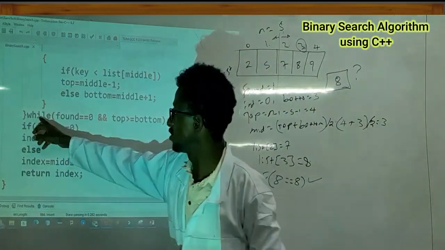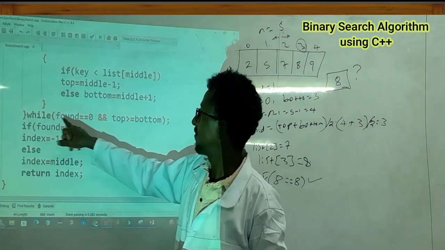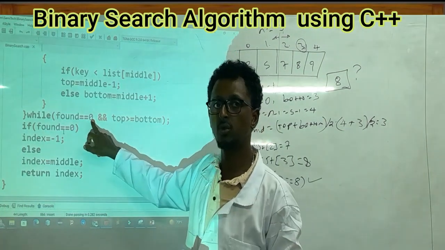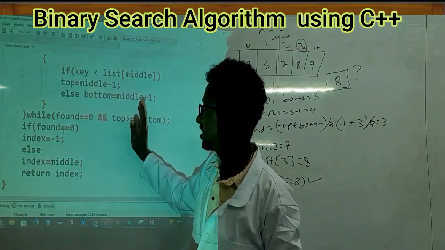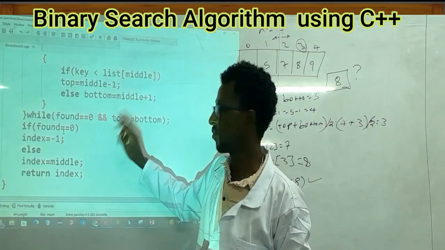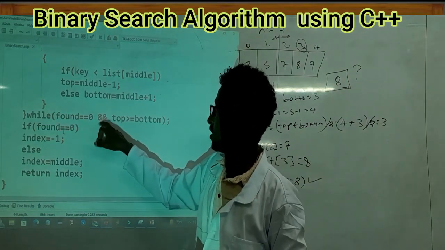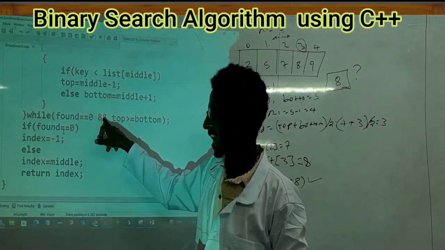In the while loop, as you see here, found is equal to 0? Wrong. No. Found is changed to 1. So the remaining condition is not necessary to check. Why? Because in the while loop, the operator is a logical AND operator.